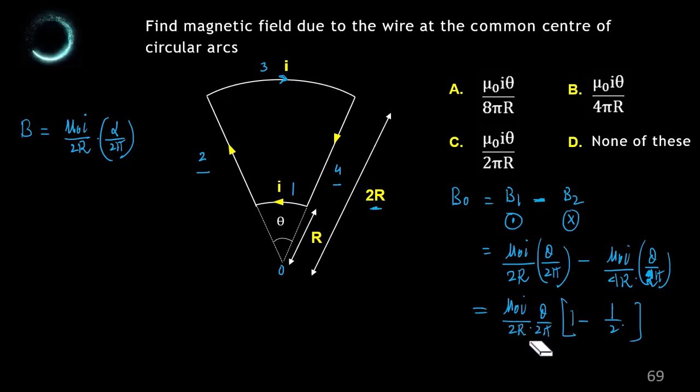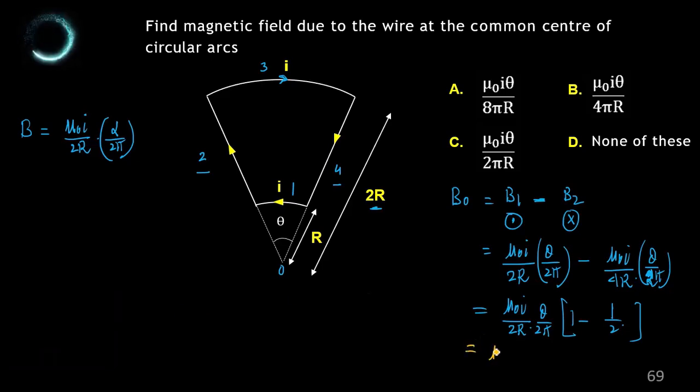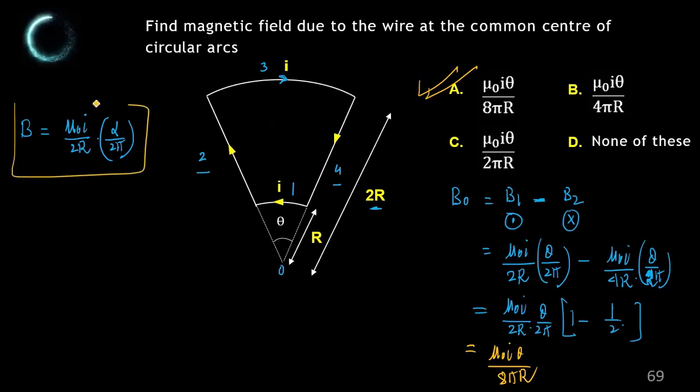Ultimately I am getting 8 pi here. So your answer is mu naught I theta by 8 pi. That will be your answer, that is option number 3. If the wire is of any angle, then you should go for this formula. And if the wire is either half or 1/4, then you directly use the formula.